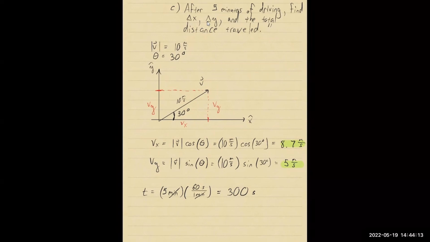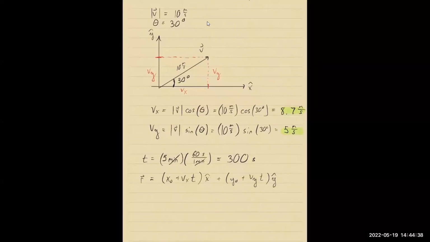We said that in 2 dimensions, at constant velocity, our position vector r is equal to x naught plus vx t in the x direction, plus y naught plus vy t in the y direction. And this is equal to our final position x in the x direction plus our final position y in the y direction.